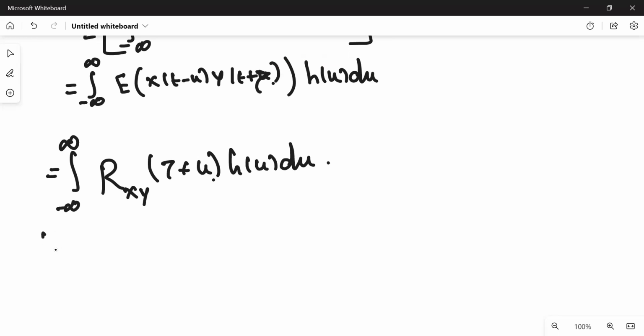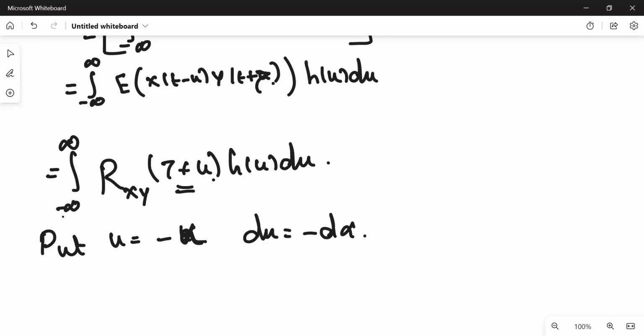Now this is similar to the convolution definition, but not exactly. In the convolution definition, we should have a minus here. So to get the exact form, we go for a substitution. Put u equal to minus alpha, because t denotes time. Then du becomes minus d alpha. When u is minus infinity, alpha becomes plus infinity, and when u is infinity, alpha becomes minus infinity.